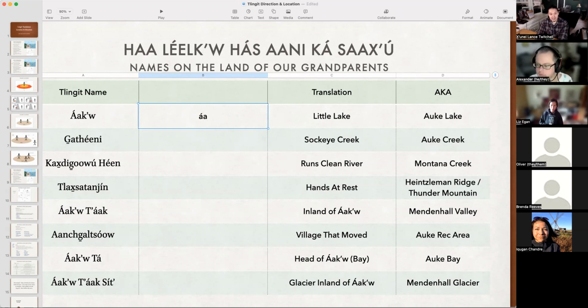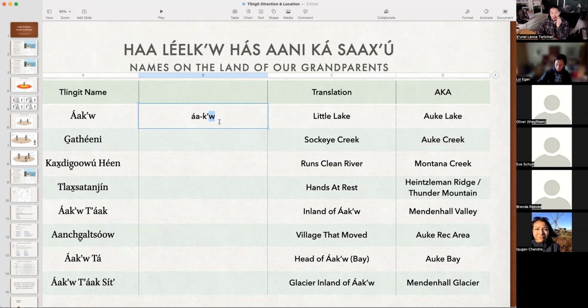So the word for lake is ah, and then there's a suffix on there which is little. And usually it's just this K. But some things have like a hidden rounded end. By rounded end, we mean it does end with the W, like the word gao. So if you say that slowly, gao.